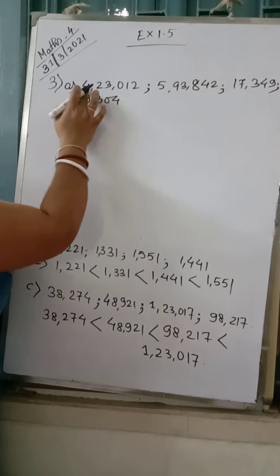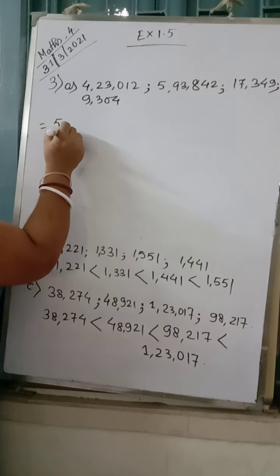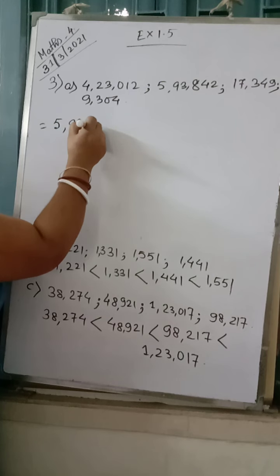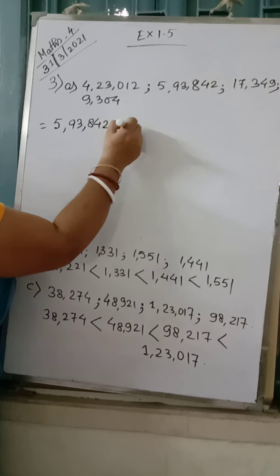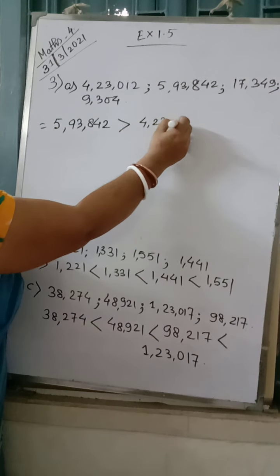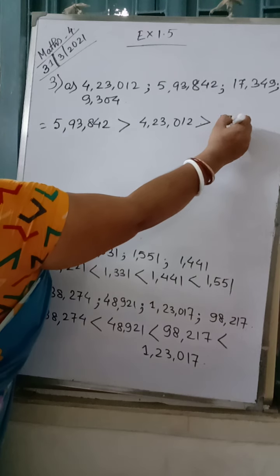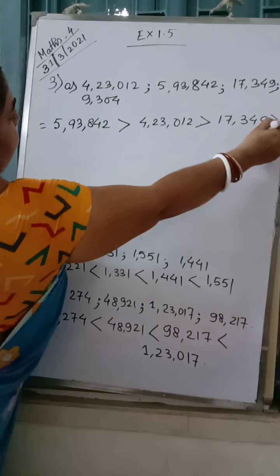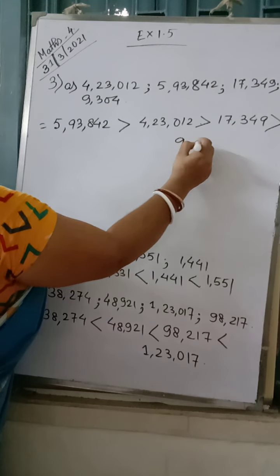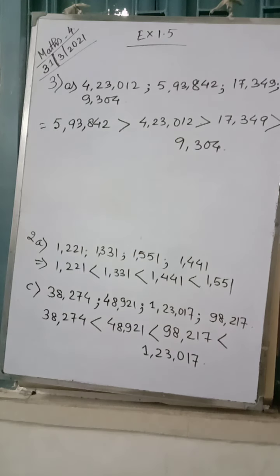Now the greatest number: 4 lakh, 5 lakh. So the number with 5 lakh is the greatest. 5,93,842 is greater than 4,23,012 is greater than 17,349 is greater than 9,304. Is it? This way we write the descending order.